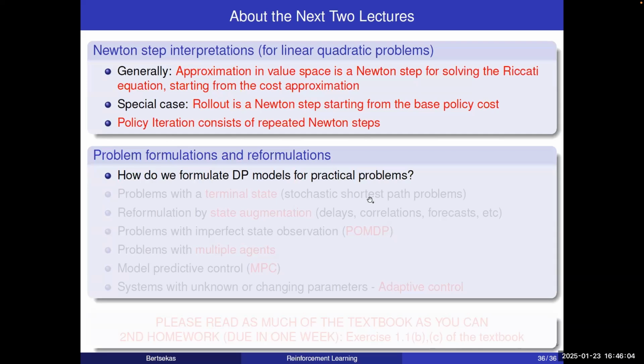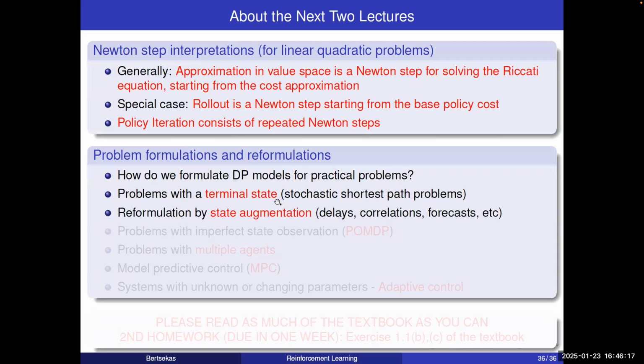And we're going to cover a few different classes of problems involving a terminal state, including shortest path problems. So how do we formulate this problem as a dynamic programming problem? What about if there are delays involved in the problem? For example, this xk at stage k, you will only have access to it after 5 stages. How can we deal with this problem?